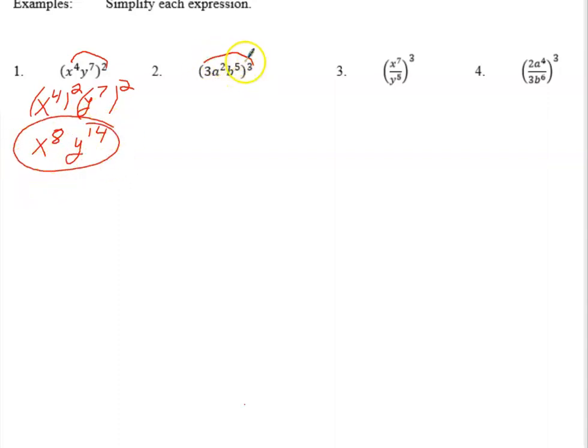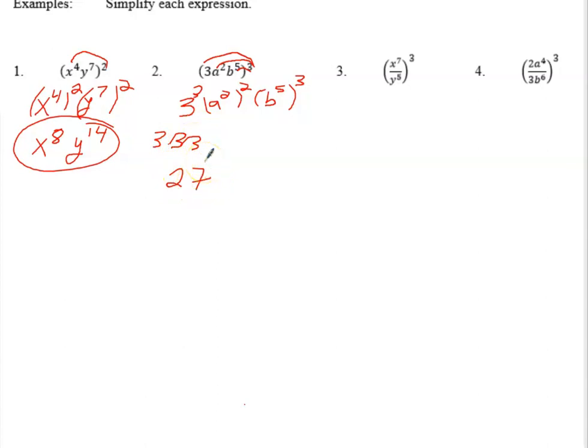Now this one is a little tricky. Again, we're going to take each term to the third power. So 3 to the third, a squared to the third, and lastly b to the fifth to the third power. When I do 3 to the third, remember that means 3 times 3 times 3, which gives us 27.